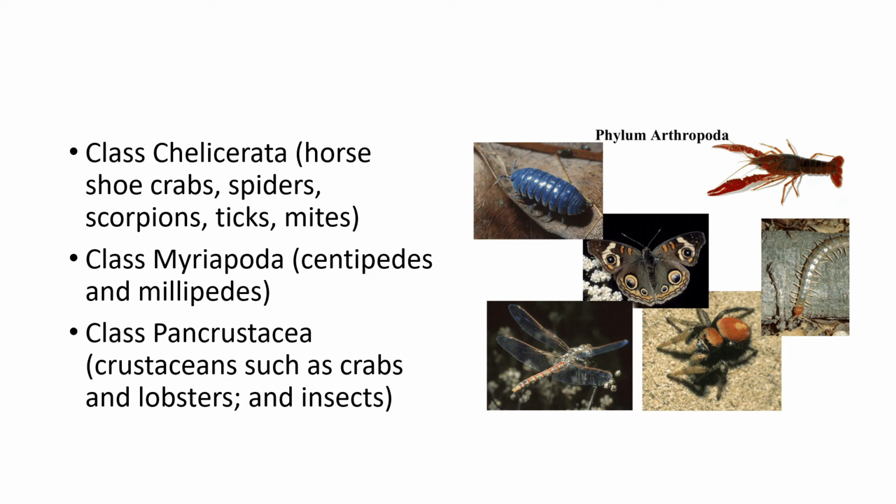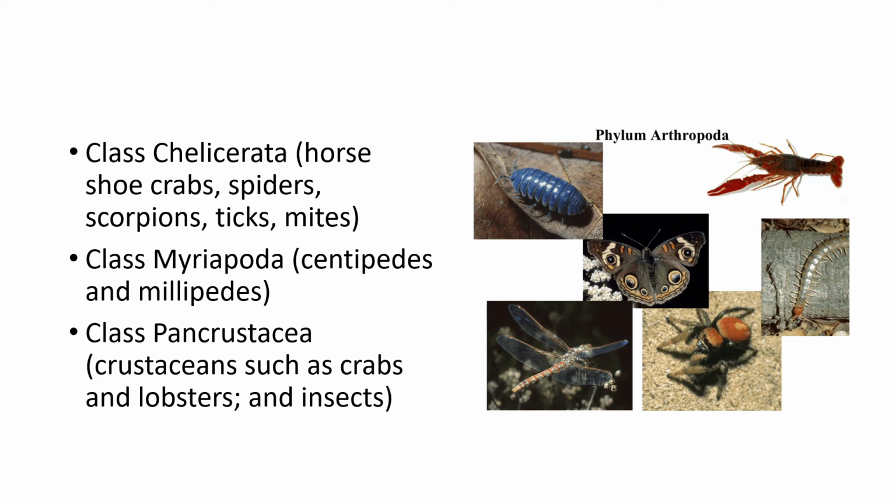The Pancrustacea, this is your class that has crustaceans like crabs and lobsters, and also insects. This is also new. They used to have class Crustacea and class Insecta, and they put them all into Pancrustacea based on DNA analysis.